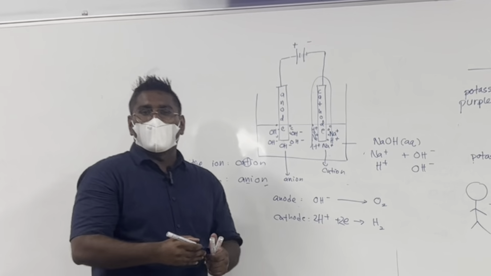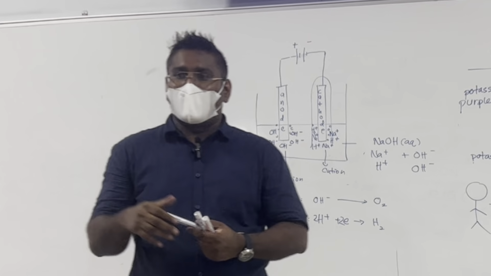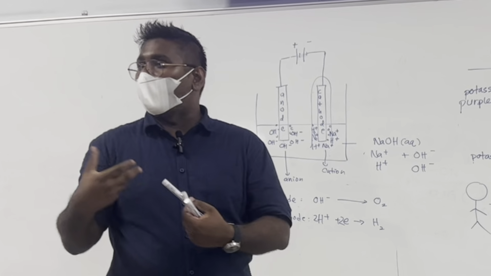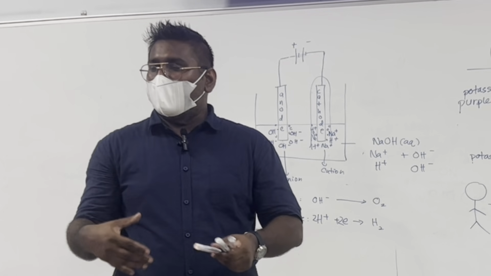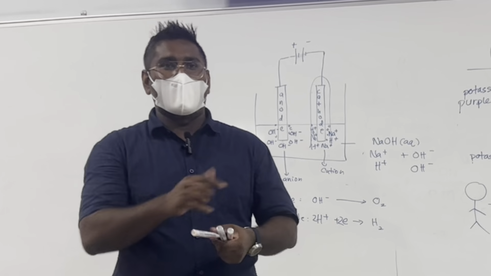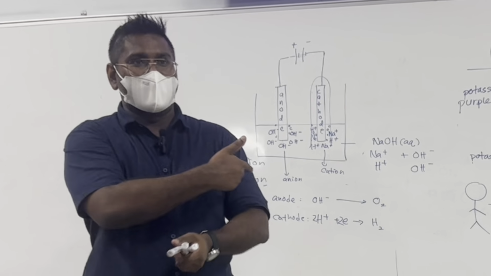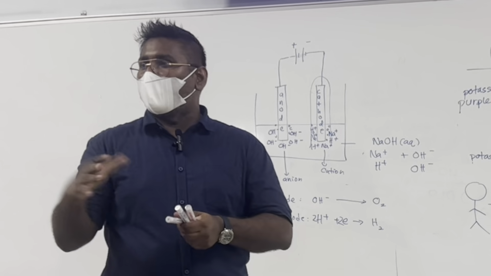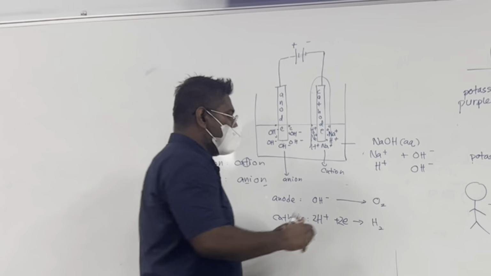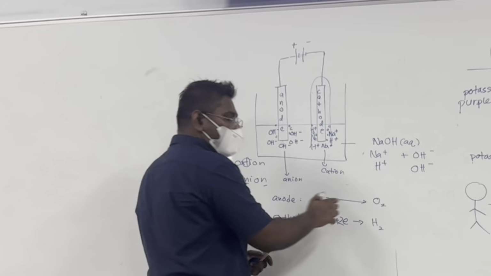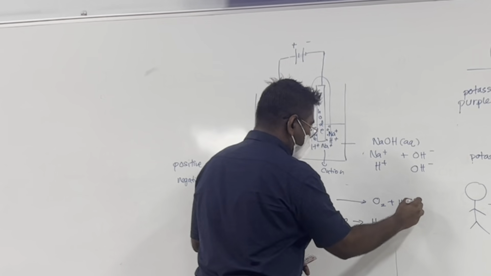I told you there are only a few chemicals in the lab that can give you oxygen gas, such as hydrogen peroxide, and in chemistry we need to set up something like electrolysis to get oxygen. This is the way, and another way is photosynthesis. Of course, the hydrogen must come in the form of water.